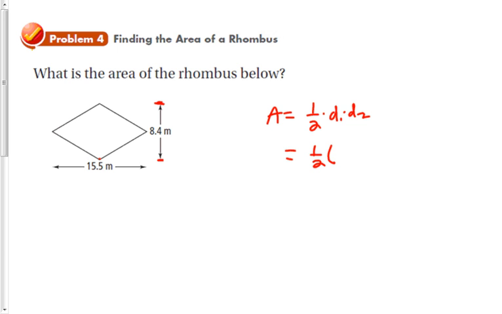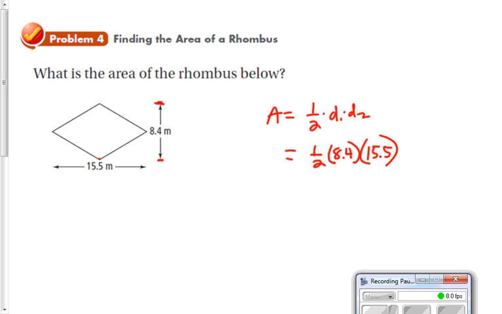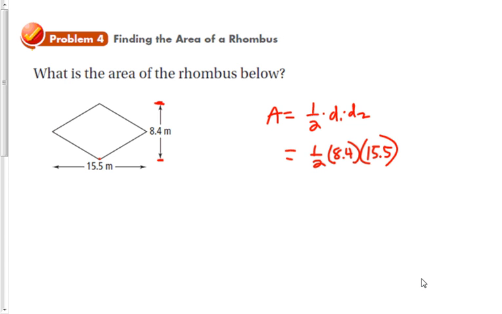So we can just substitute those in. 1/2 times 8.4 times 15.5. And simplifying that, we get 65.1. And we want to label that square meters. Go ahead, you try that.